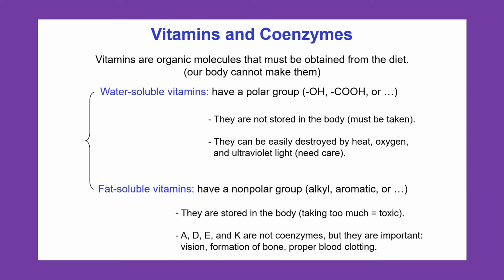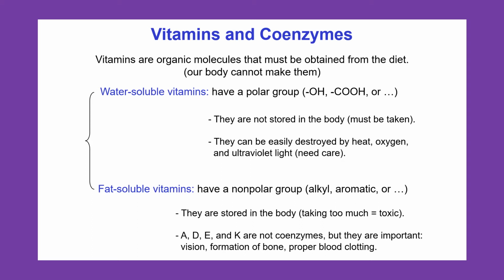Vitamins are organic molecules that are essential for normal health and growth. They are required in trace amounts and must be obtained from the diet because they are not synthesized in the body. Vitamins are classified into two groups by solubility: water-soluble vitamins and fat-soluble vitamins. Water-soluble vitamins have polar groups such as hydroxyl and carboxylic groups, which make them soluble in the aqueous environment of the cells.